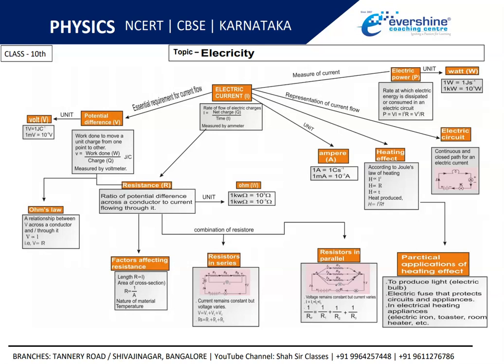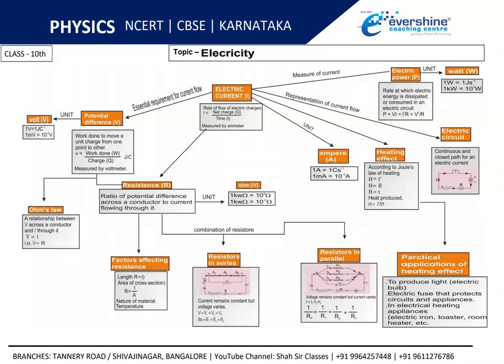So which factors are going to affect the resistance? And we have resistors which are connected in series and parallel. There is a combination of resistors, series and parallel, we are going to define, and also we are going to study and solve the problems related to resistors when they are connected in series and parallel, also by using circuit diagrams.